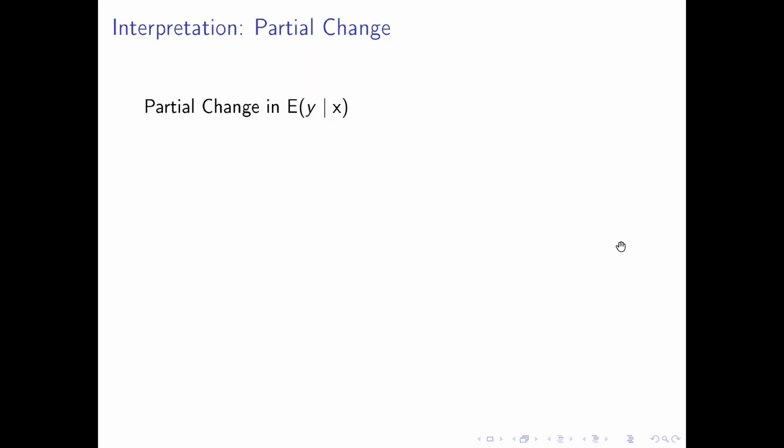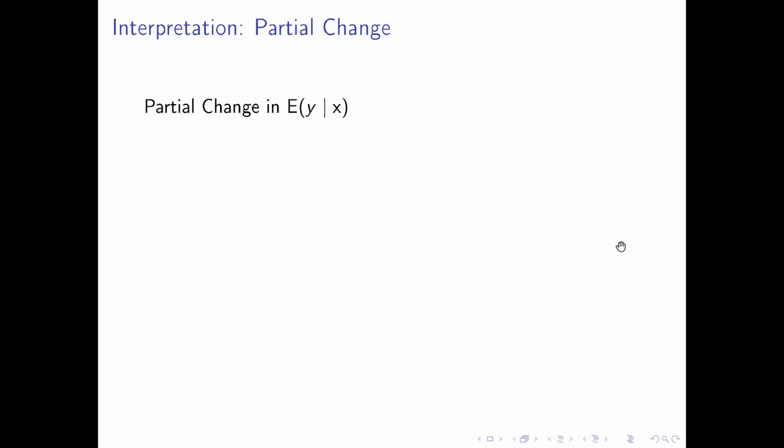Very, very small. And that's the reason why partial change and marginal change is also called instantaneous effect. That is, the amount of change in xk is so small that we can almost say that's an instantaneous change or effect.